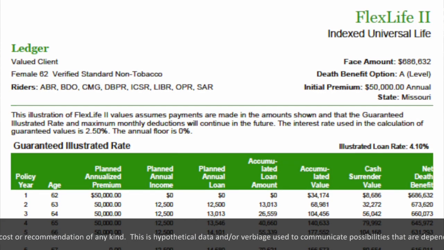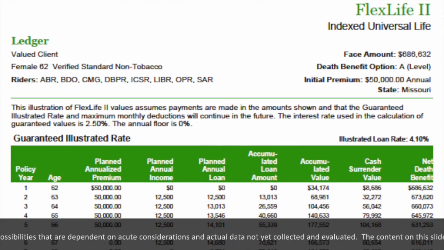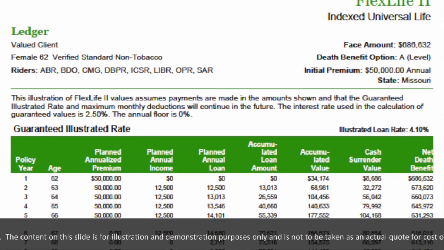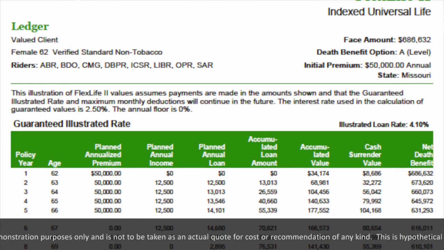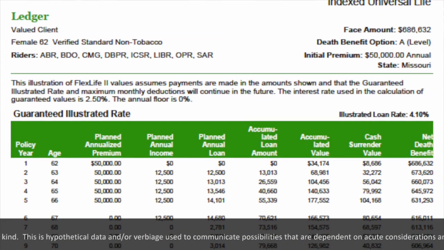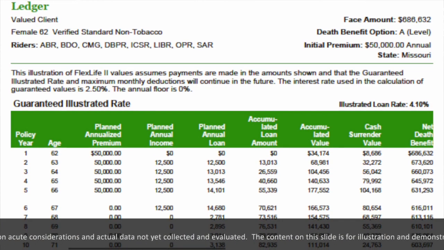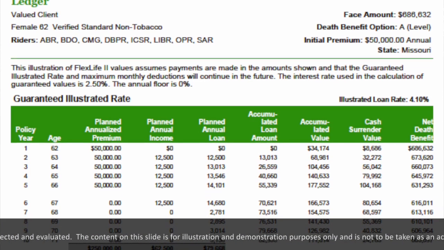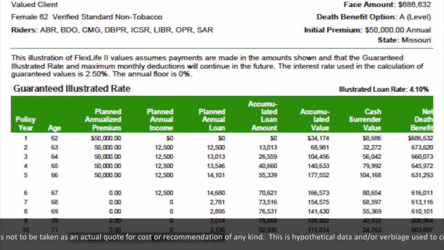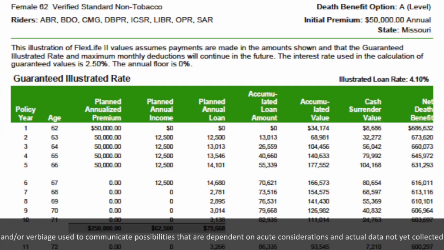So you see the column headings are going to be consistent for quite a few of the future pages. Policy year, the age, planned annualized premium, which in our strategy is a reflection of those IRA dollars that are transitioning over to a life insurance policy. The planned annual income that is designed specifically in this illustration and demonstration to come out of the policy starting in year 2.